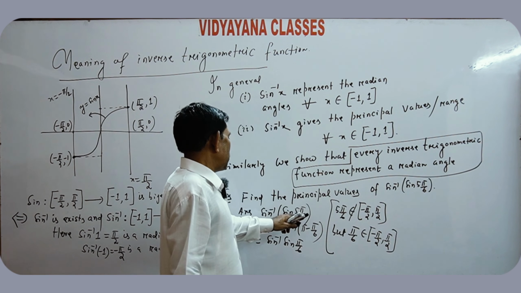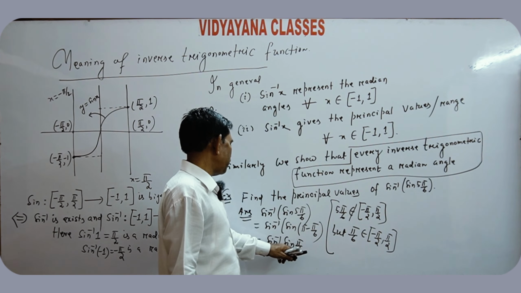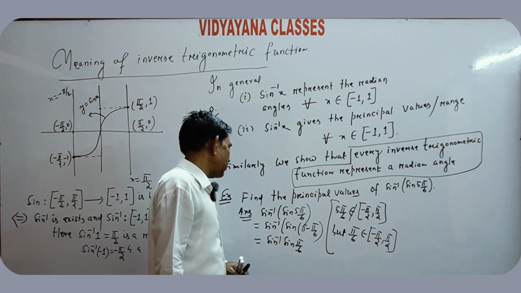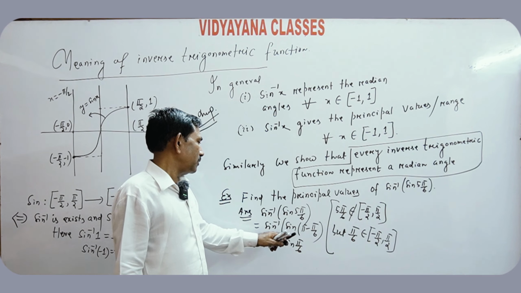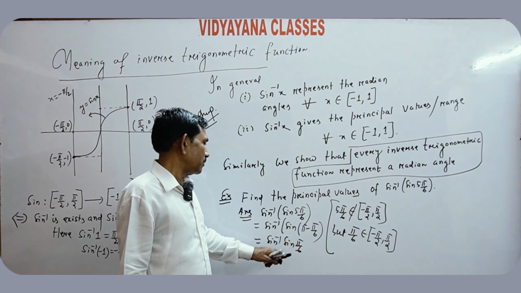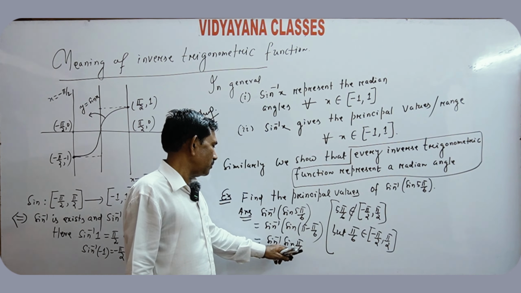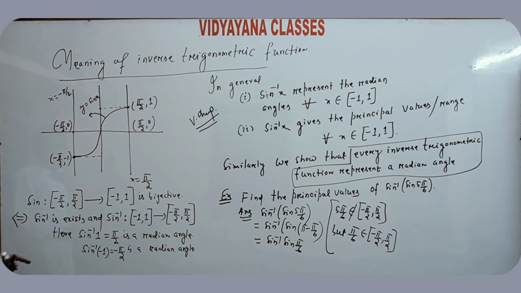So sine 5 pi by 6 and sine pi by 6 have the same value. Sine 5 pi by 6 is the same as sine of pi minus pi by 6. Sine of pi minus theta is equal to sine theta. The sine function is bijective when x belongs to this set.